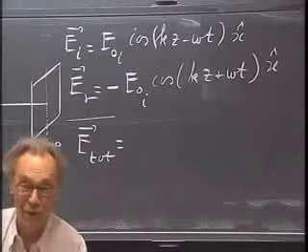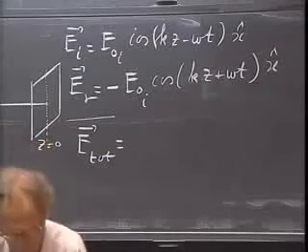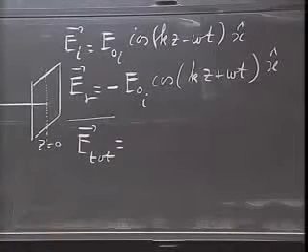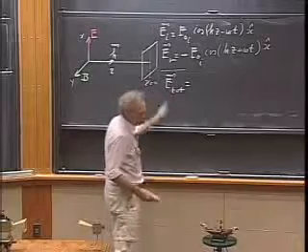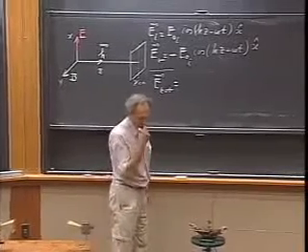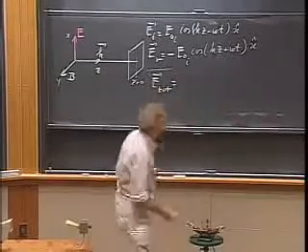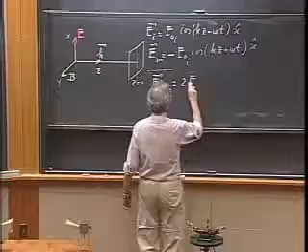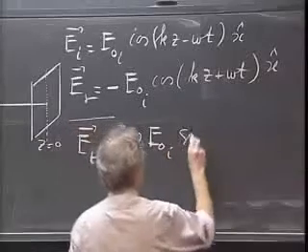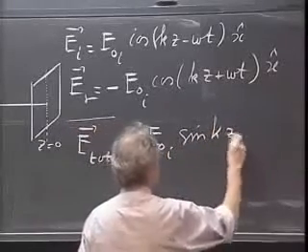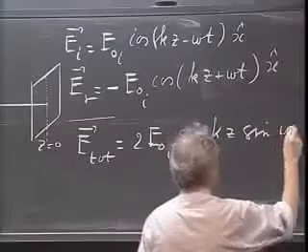Although I always have to look that up because I forget that just as well as you do. And so when I add that up then I get that the total electric field, which is the sum of the two, is going to be 2E0I, and then I get the sine of Kz, and I get the sine of omega t.